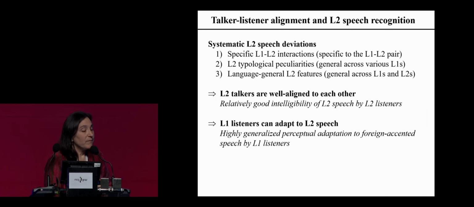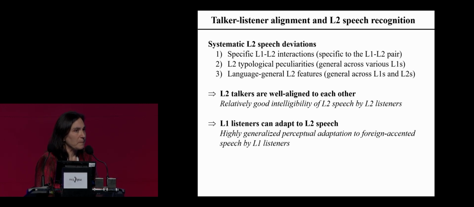So let's just see where we are here. In terms of talker-listener alignment and L2 speech recognition, importantly, what we've seen is that L2 speech deviates from L1 speech in highly systematic ways. This systematicity then provides something for talkers and listeners to align to. And in fact, we find that L2 talkers are indeed quite well aligned to each other.